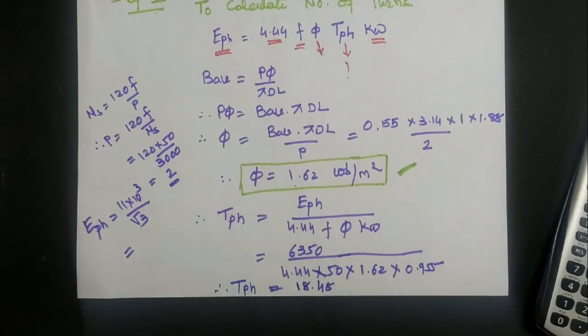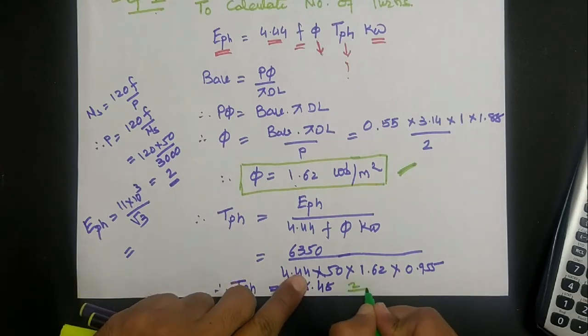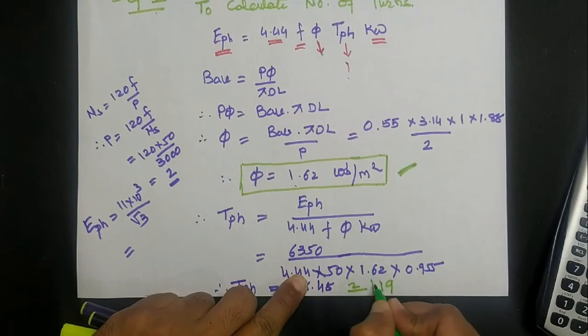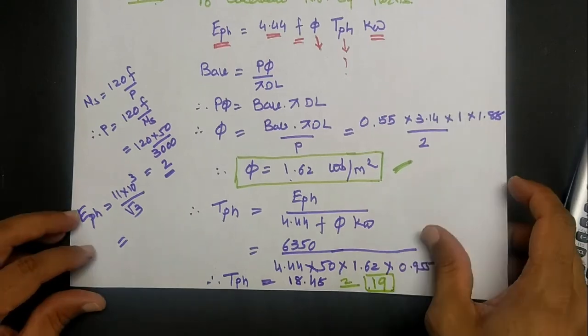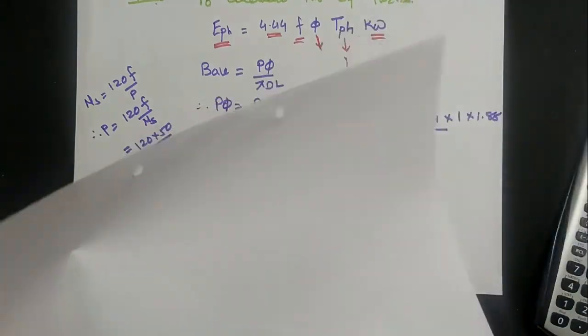But we know that we have to consider an integer value. So let us take 19. So turns per phase, as per this equation, we have estimated as 19. So now let us proceed further.